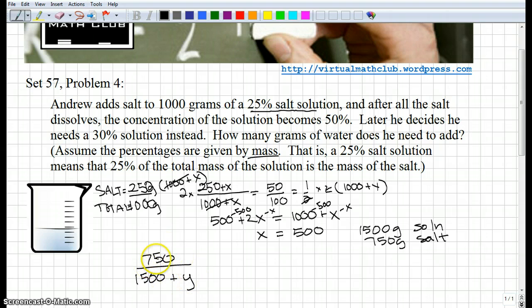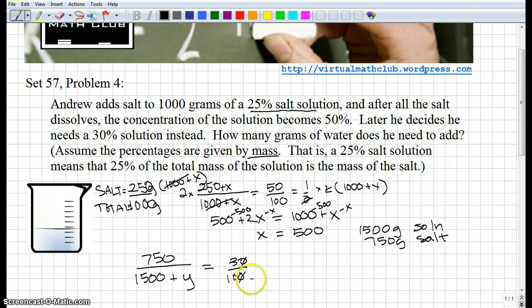The amount of salt doesn't change, and we want it to be 30%, 30 out of 100. Oops, I wrote 30 out of 1,000, so let me erase that. There we go. That's just 3 over 10 if I reduce it down.